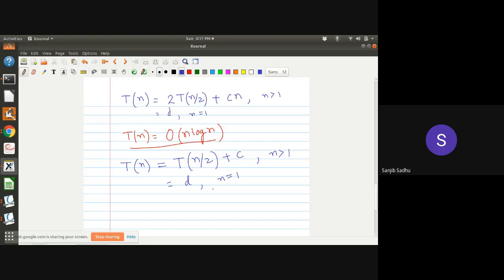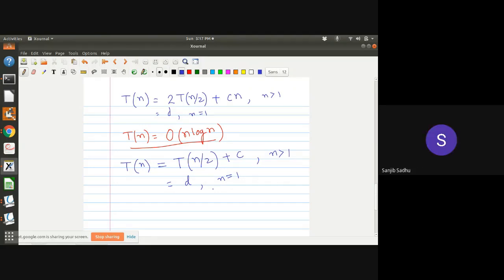You can apply the method that I have said, where you expand it. Have you seen this type? Can you tell me when this type of equation occurs? Sir, log n, sir. Right.